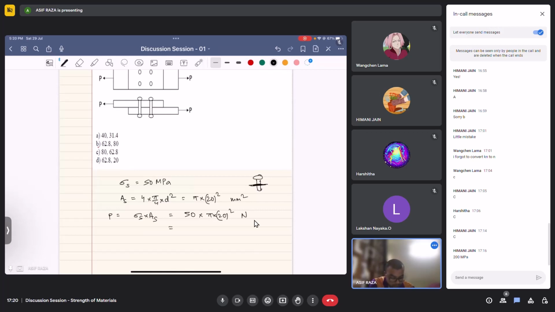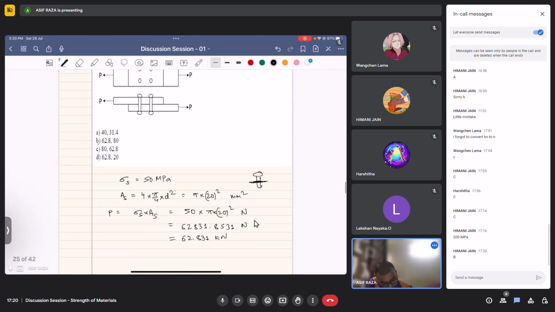So 50 into 400 times pi, the answer comes out to be 62831.8531 Newton. Converting it into kilonewton, it would be 62.831 kilonewton.